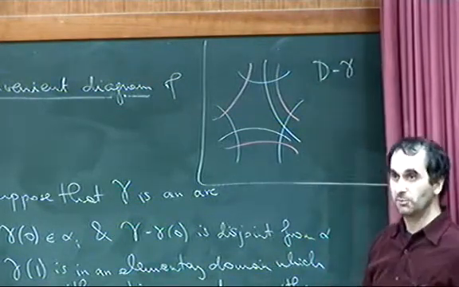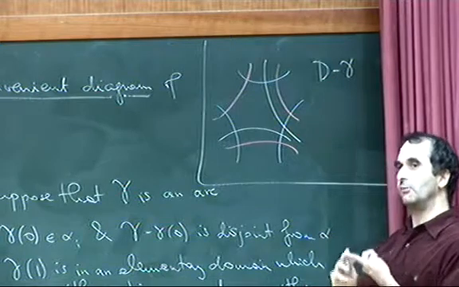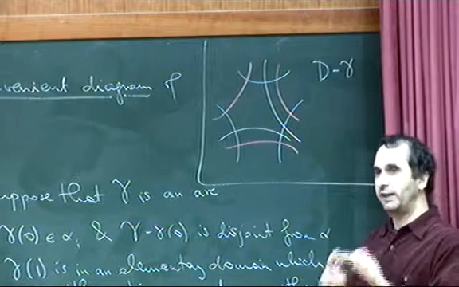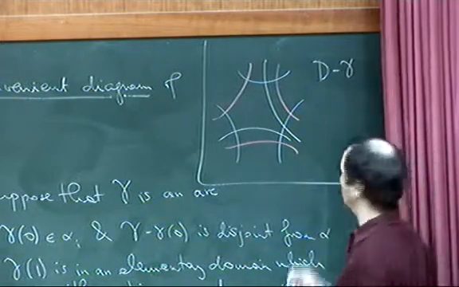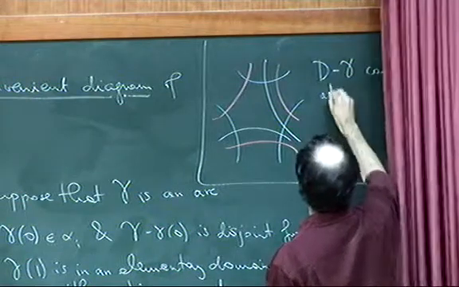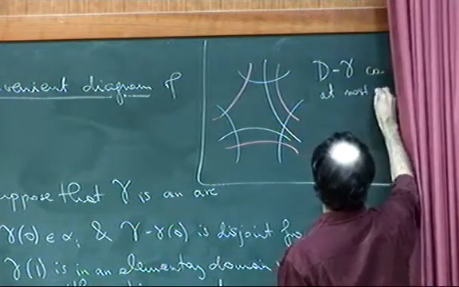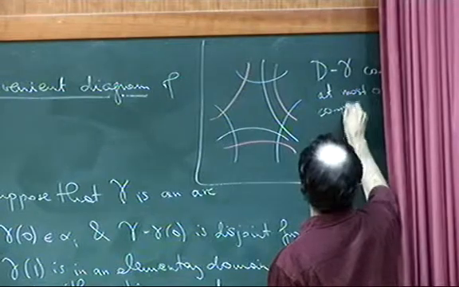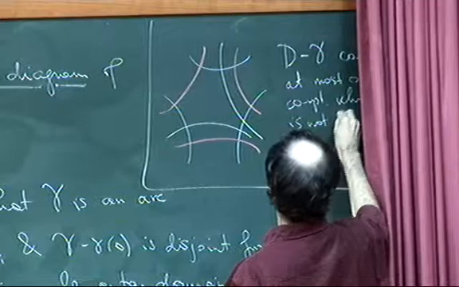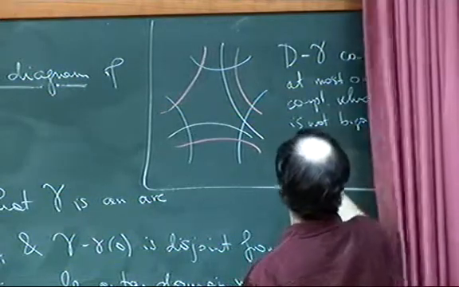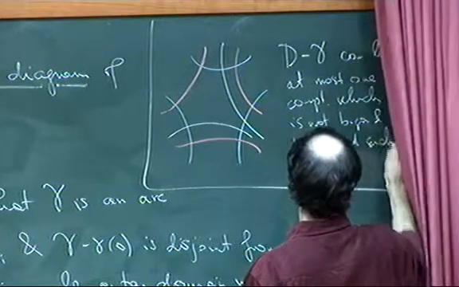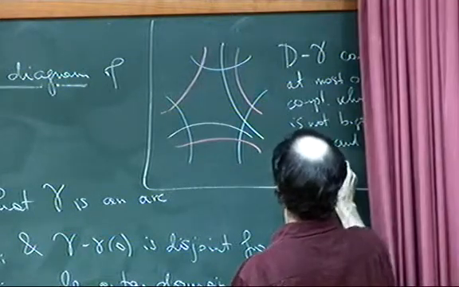It will have various components, and we allow only one component to be different from a bigone or rectangle, and if there is such a domain, it should contain a base point. So, at most one component which is not a bigone or rectangle, and such a component contains W.